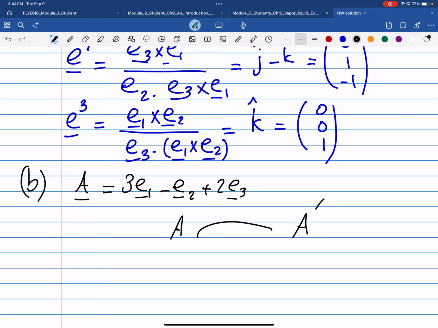The rule for the transformation I am doing this way is that A prime K is going to be E prime K dotted by E_I, times A^I. And given that A^I is the real representation of a vector in my original coordinate system that I have.